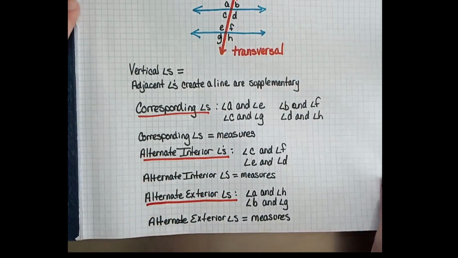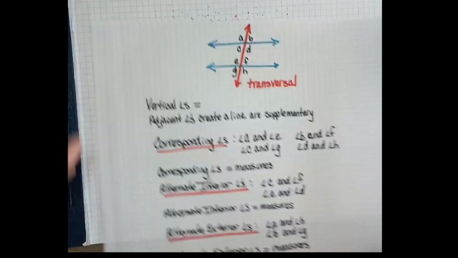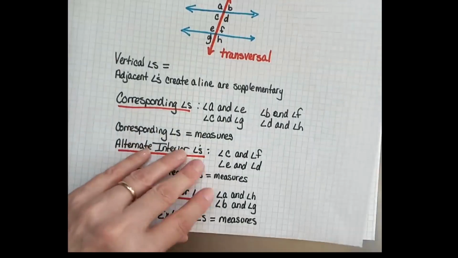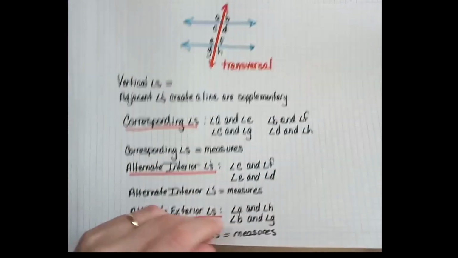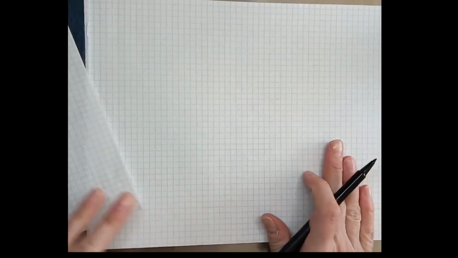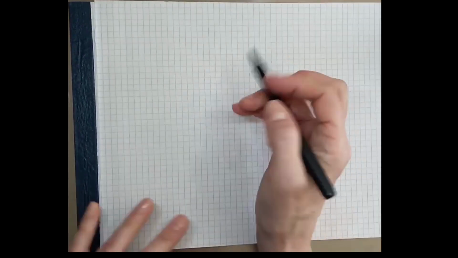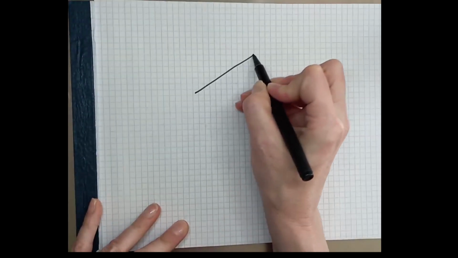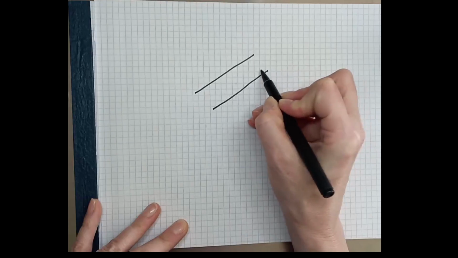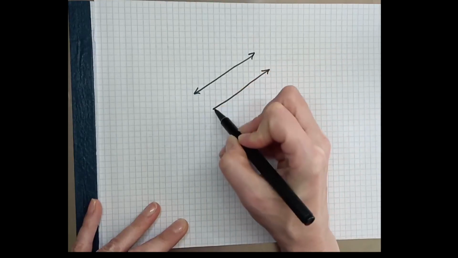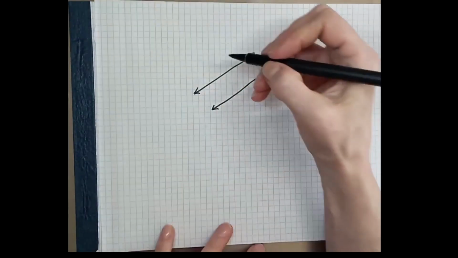Let's do a quick problem just to show you how this is useful. So if I have a new picture, and it helps if you're looking at these, sometimes they're not as easy to tell where your parallel lines are because we don't always have them drawn for us nice and horizontal.